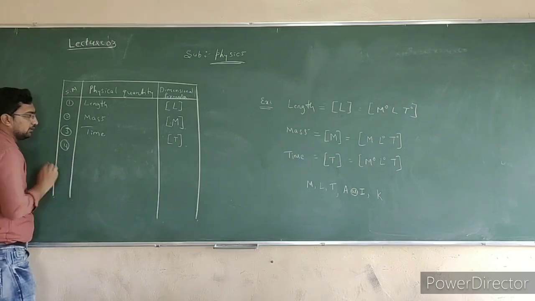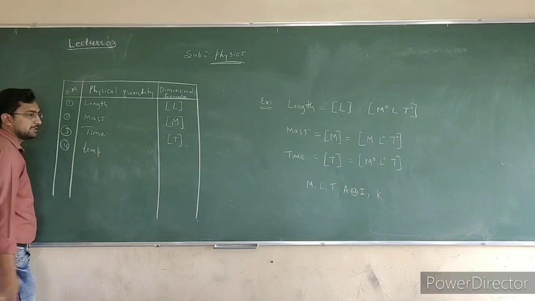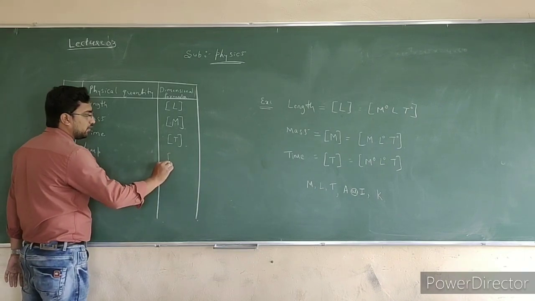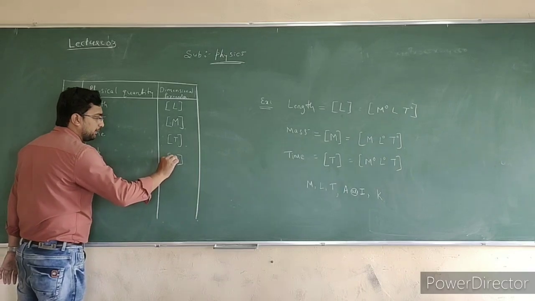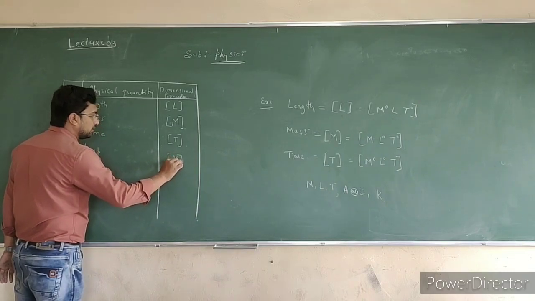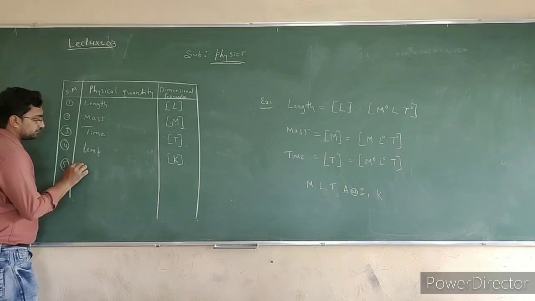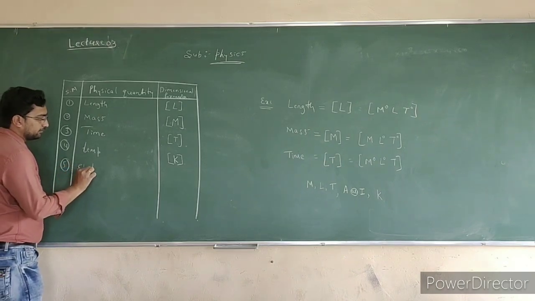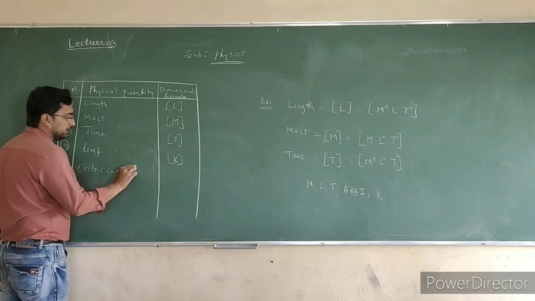The fourth one is temperature. The dimension formula for temperature is Kelvin, denoted by capital T. The fifth one is electric current.